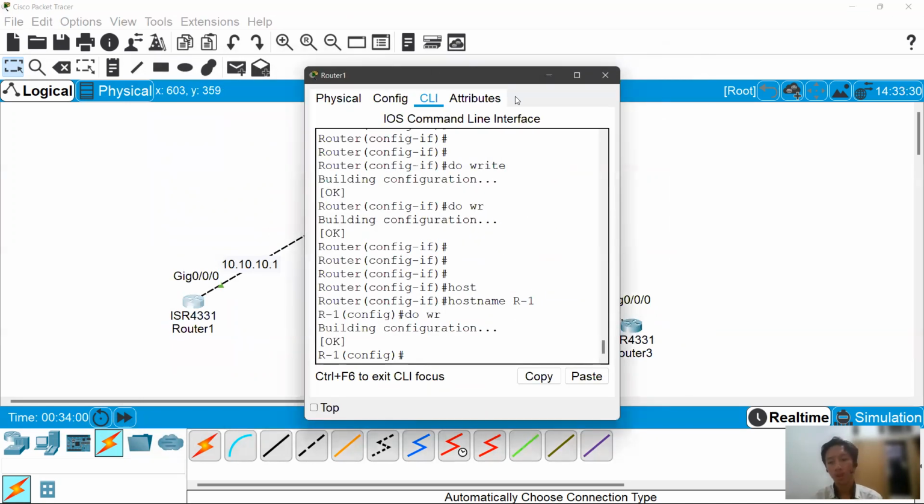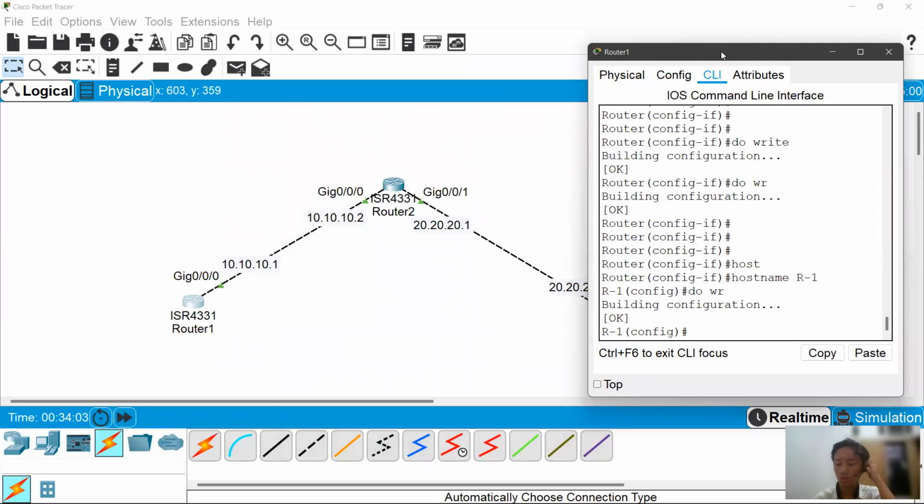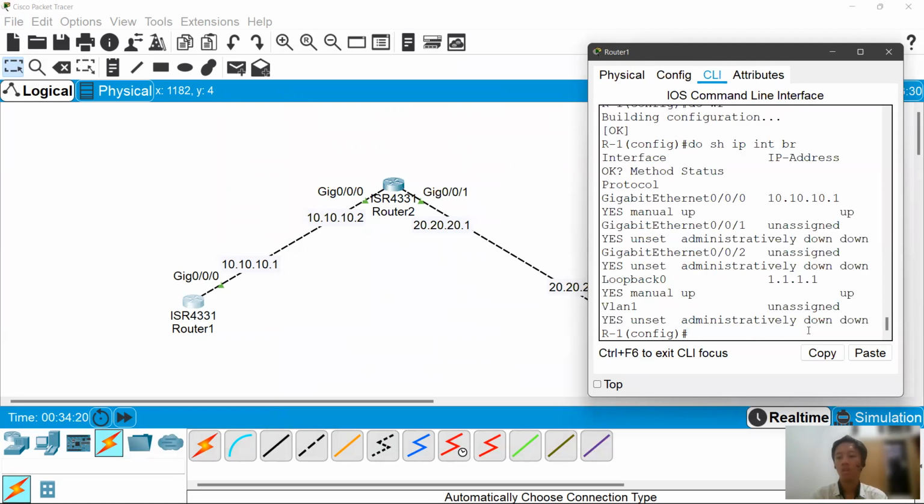Okay, for static routing, the initial state is like this.